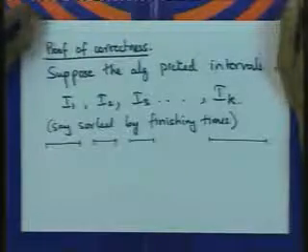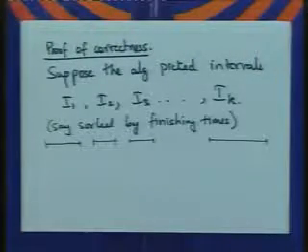So if any optimum solution has I1, I2 to Ik in it, then this is it. The optimum must have size k, right? So this is what we need to show, that this is an optimum solution.